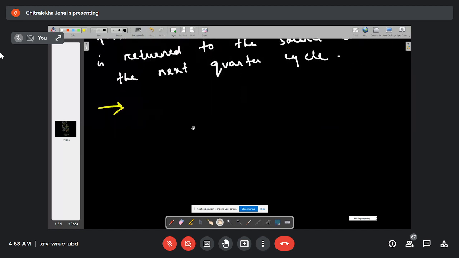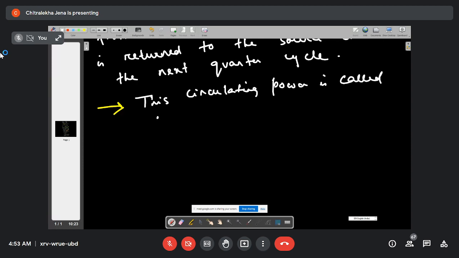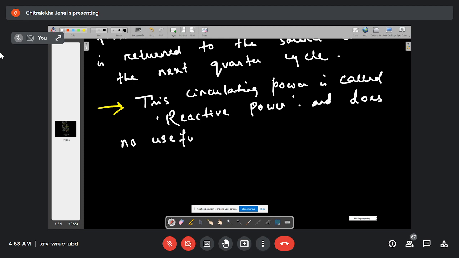So this circulating power is called reactive power, and it does no useful work in the circuit.